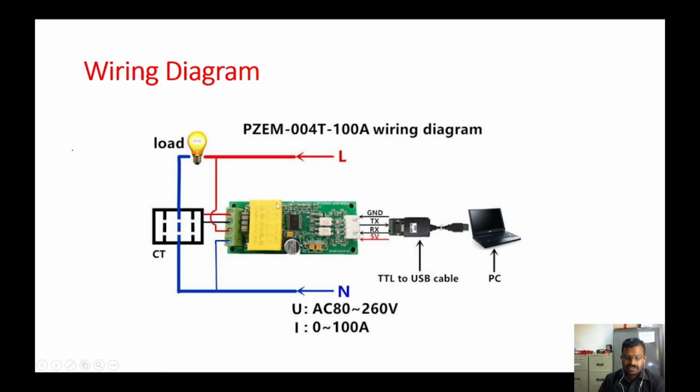For the operating voltage of this sensor we need to give 5 volts and ground, and we have communication ports, that is transmitter and receiver pins. These two pins are used for serial communication between external devices like your Arduino Uno or the laptop, whatever it is.